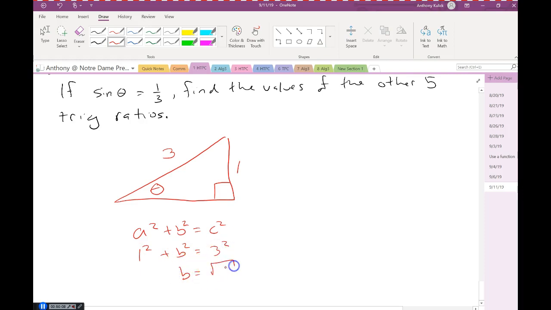So b is going to be the square root of 8. It does simplify to 2 root 2. And once we have this, three squared is 9, minus 1 is 8, square root of 8 is 2 root 2.